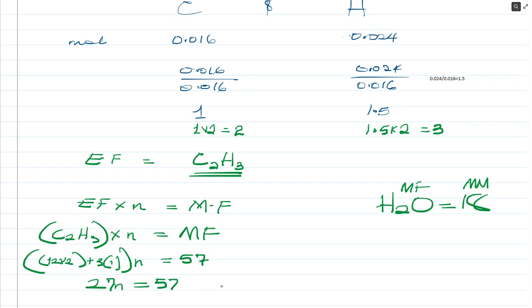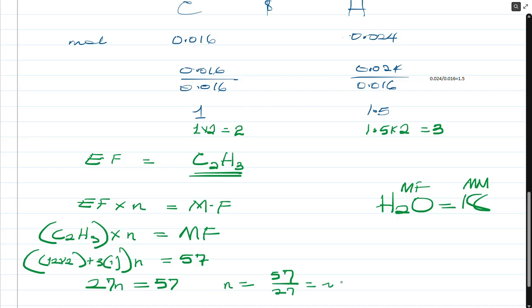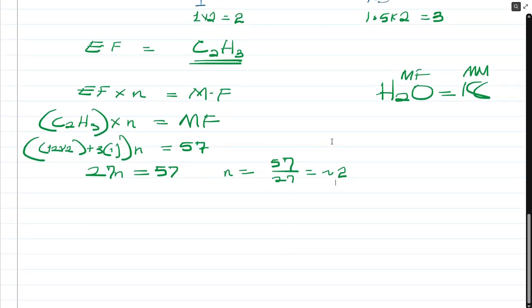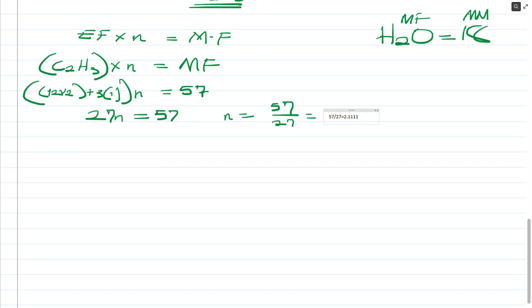So we can calculate N. N will equal 57 divided by 27, which is 2.111, approximately equal to 2.